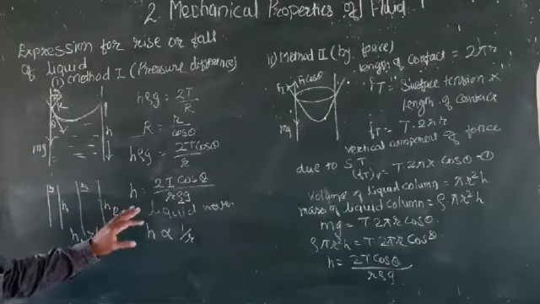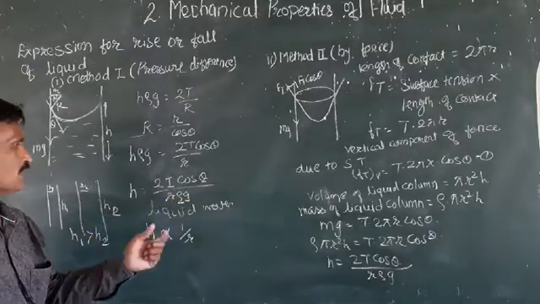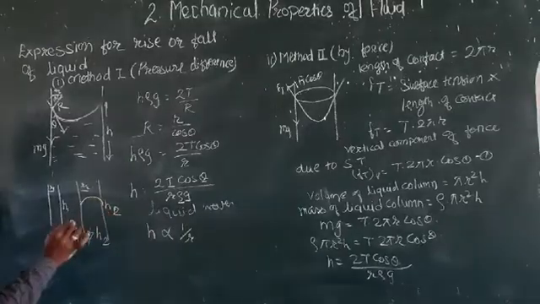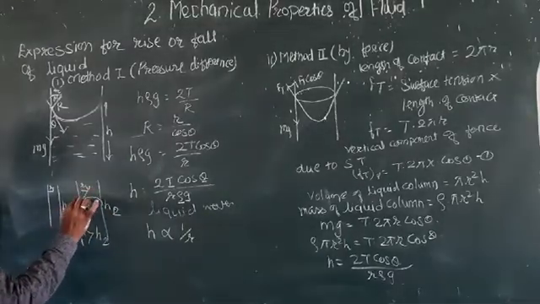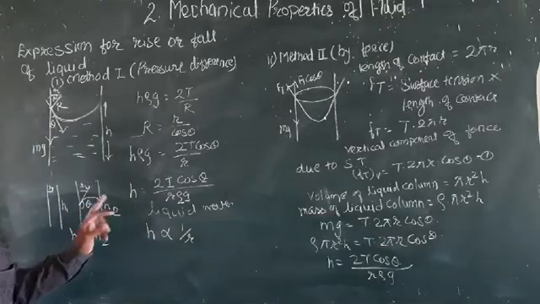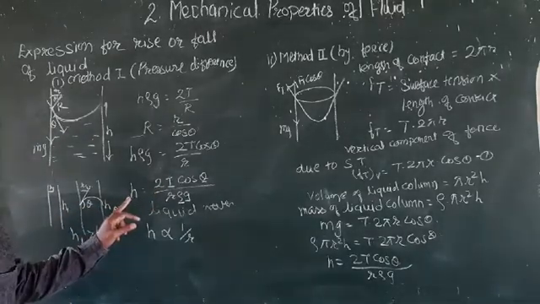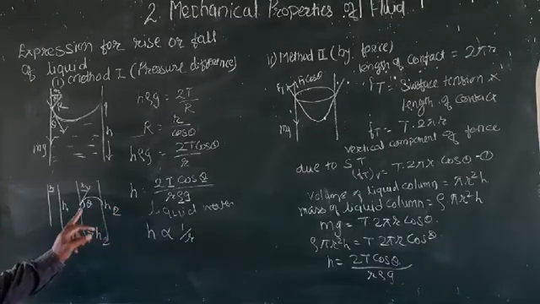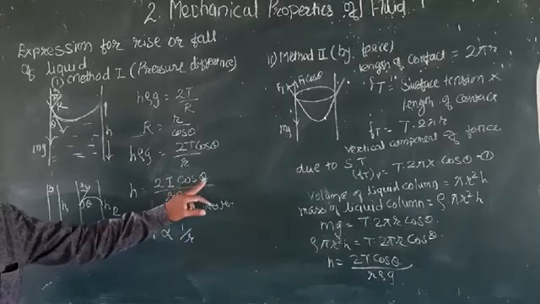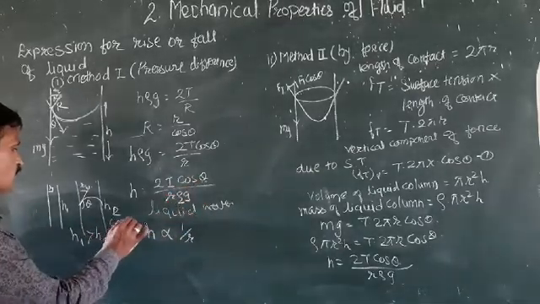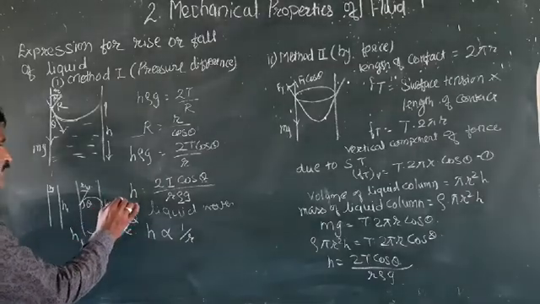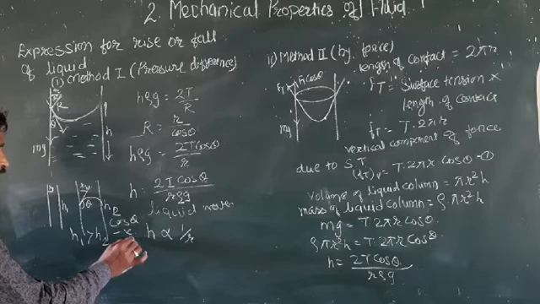Then similarly, for a liquid which is making a convex surface, the angle of contact is obtuse. So for convex, if we want to find the height, the angle of contact is obtuse, then cos theta will be negative, and the height will also be negative.